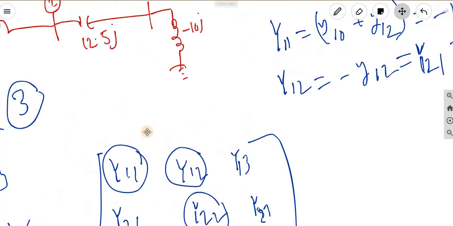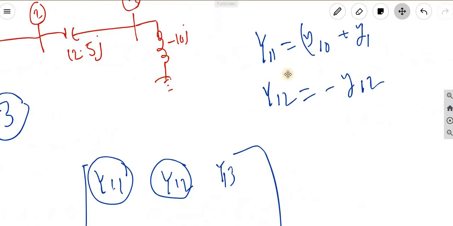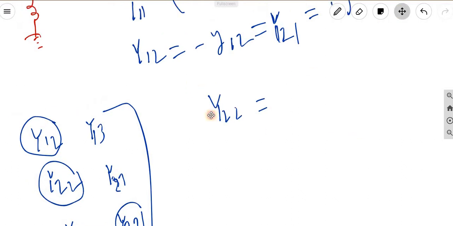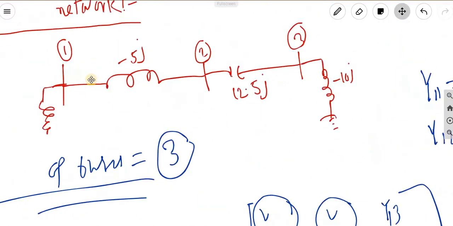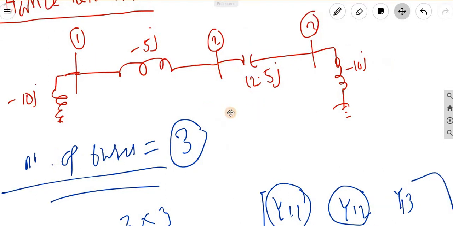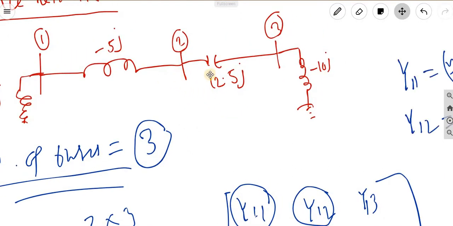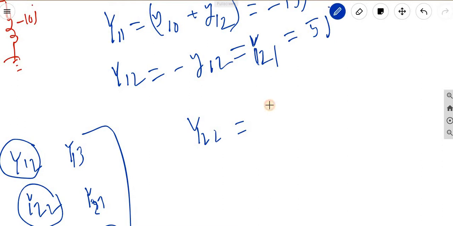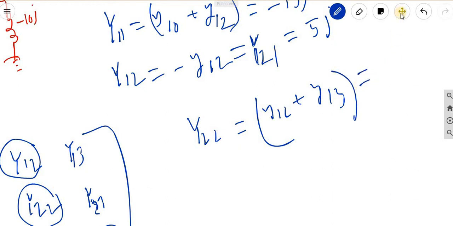Okay, in the same way, what would be Y22? Because there is no shunt element like this, no generator or anything connected. So for that we will get this value and this value adding up. So Y12 plus Y23, this value will add up.